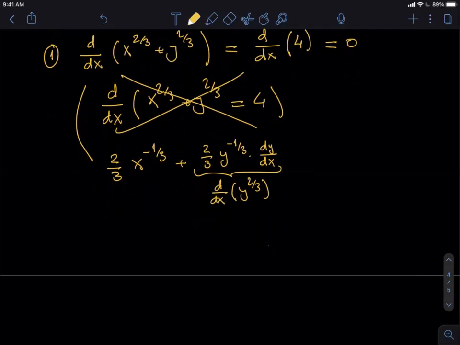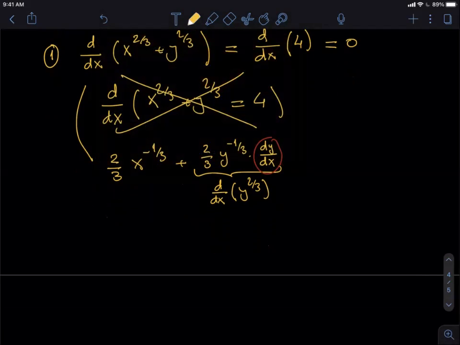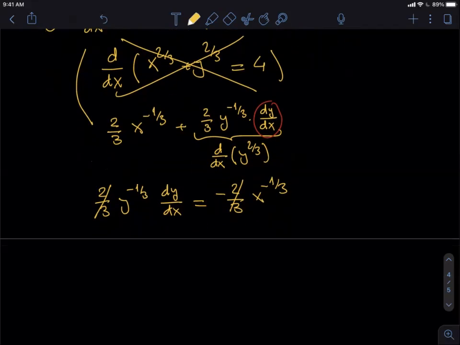And here we have already what we are looking for. We want to solve for dy/dx. So we have 2/3 of negative 1, y to the negative 1/3, dy/dx, and this is equal to negative 2/3 of x to the negative 1/3. The 2/3 go, and we have dy/dx.